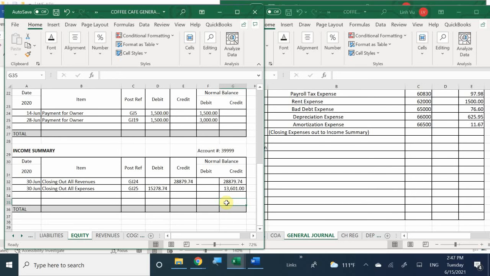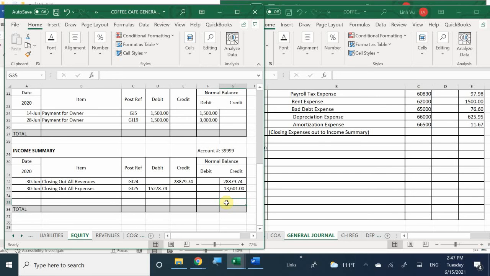Okay, so the balance? Where's your balance right now? Is it in the credit or the debit side? It's in the credit. Okay, so up one. 879.74 minus 15,278.74. Okay. Plus nothing. Okay, I'm better. Yeah, okay, you should have 13,601, which Alan says is where we solved in our income statement.